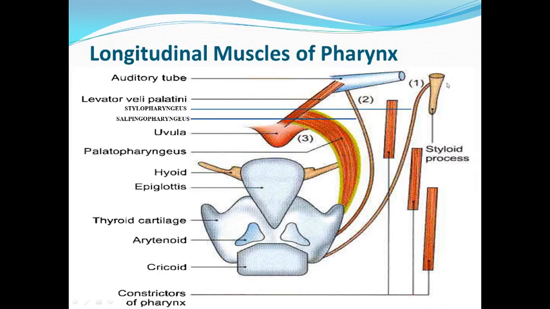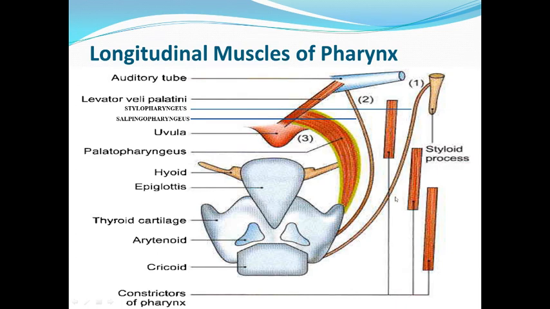This is the styloid process, and you can trace that the stylopharyngeus originates from the styloid process and passes downwards in between the superior and the middle constrictor. This is the superior constrictor, this is the middle constrictor, and this is the inferior constrictor.